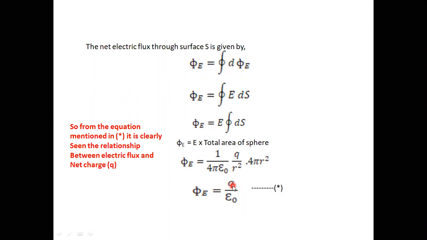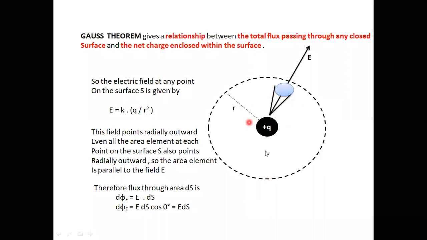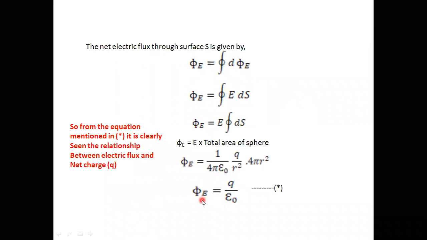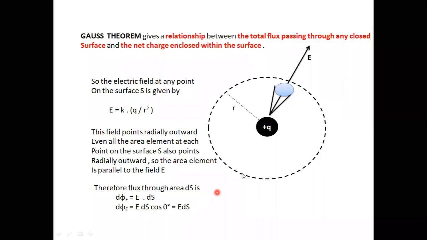Now q is my net charge enclosed by the Gaussian surface. So if you can find out the net charge enclosed by any Gaussian surface, you will be able to find the total flux value through that Gaussian surface.